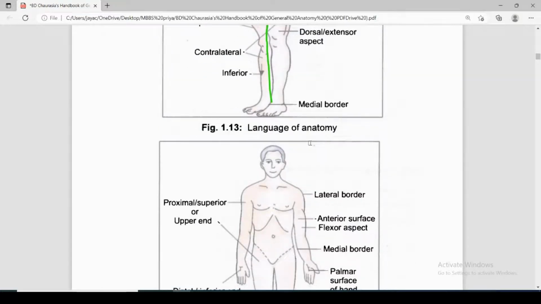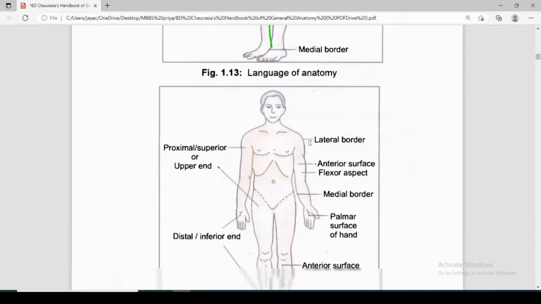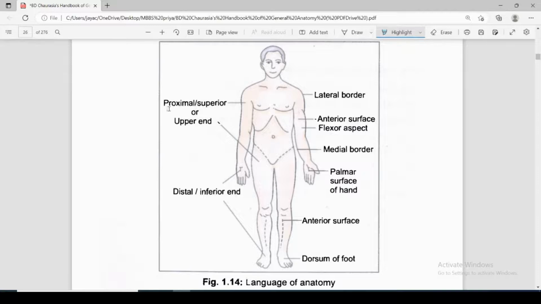See here, this is the proximal or superior or the upper end. Proximal. Okay, this is the proximal head, this region, and this is also an upper end.